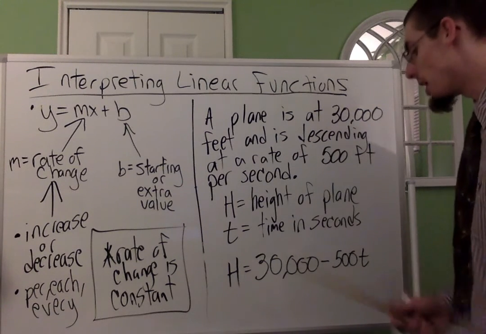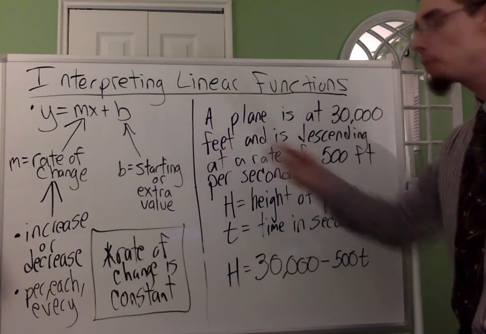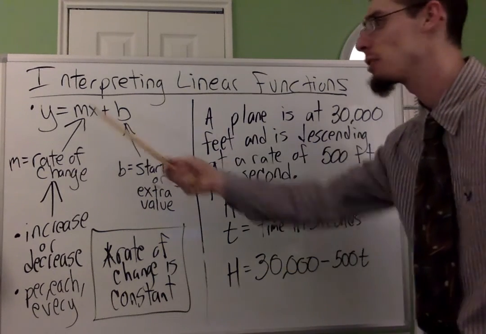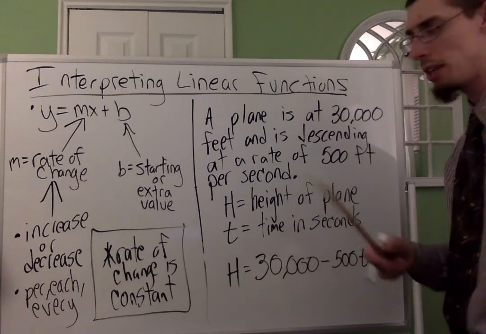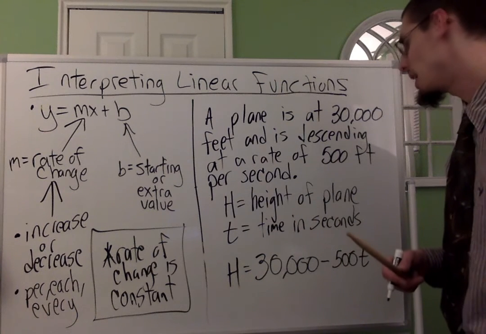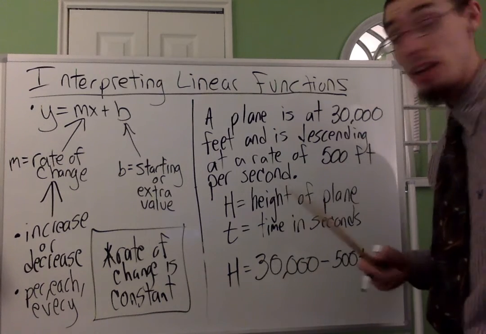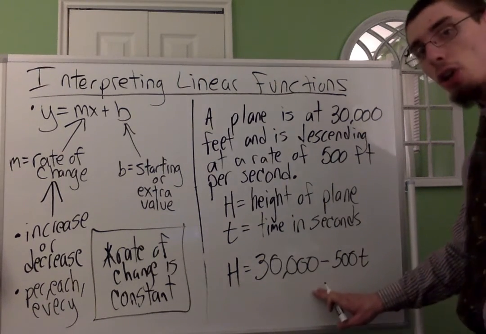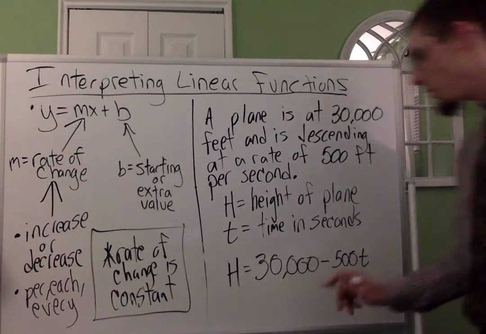Now, you might notice this isn't quite in y equals mx plus b form. Obviously, I think I've already shown that it doesn't have to be y and x, right? It could be any letters. H and t, I used other letters before. What did I use before? T and G, right? Yes. If I wanted this to look like my y equals mx plus b, I would just switch these two around.